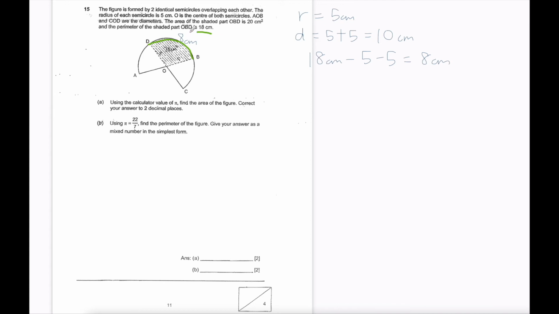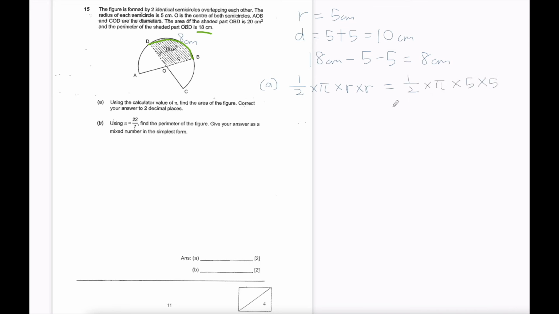Okay, so let's calculate the area of the figure. Let us find the area of one semicircle first. The area of one semicircle is half times pi times r squared, correct? Which equals half times calculator pi times 5 times 5.